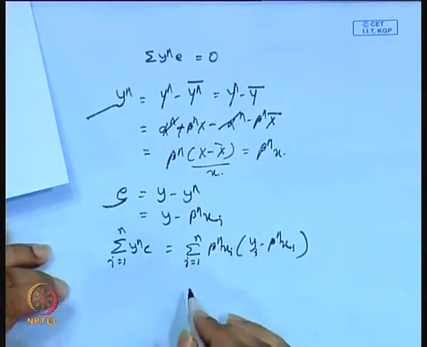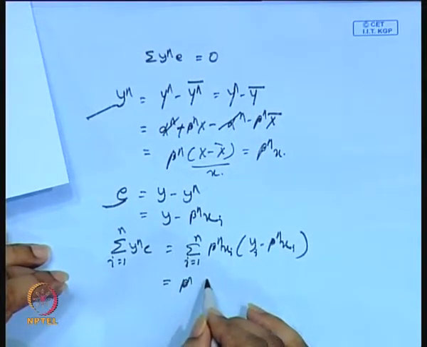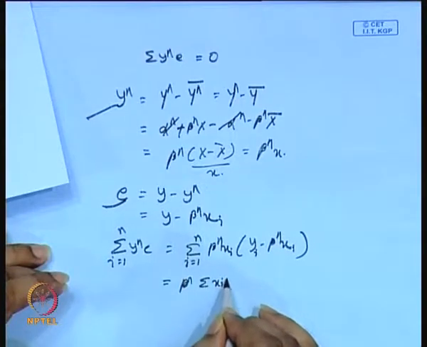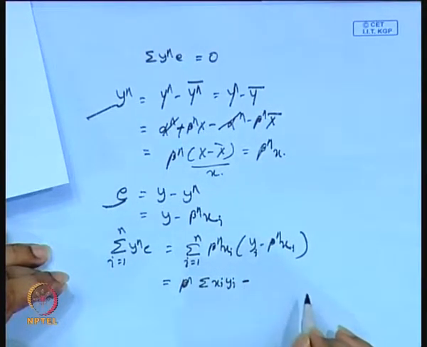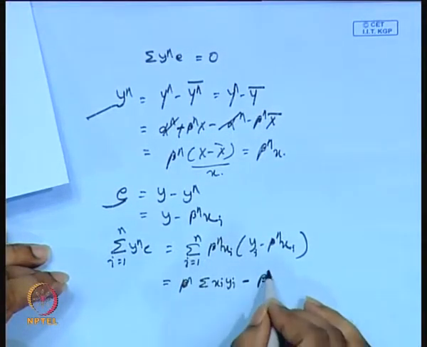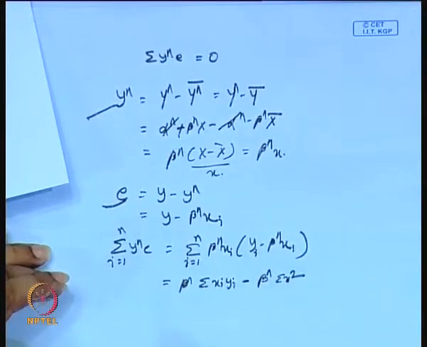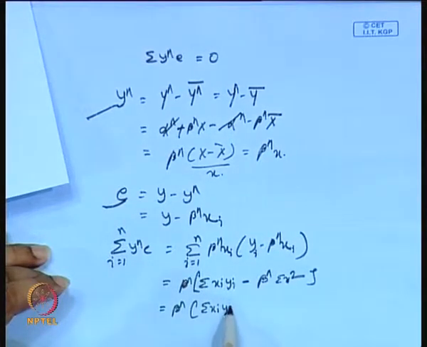So now what we have to do is take beta hat common. Then summation xi yi minus beta hat summation x squares. Beta hat is common, so it is beta hat into summation xi yi minus summation x squares times beta hat.